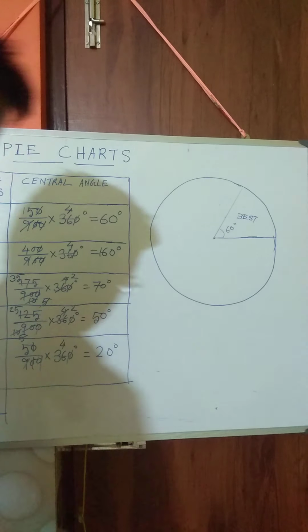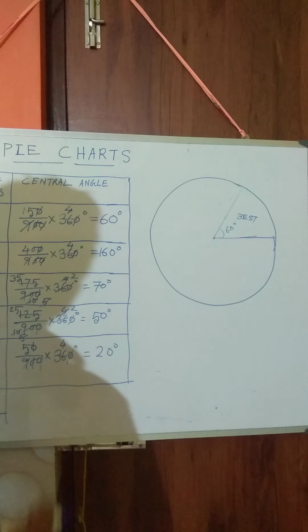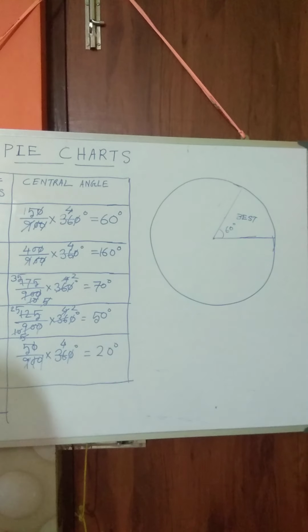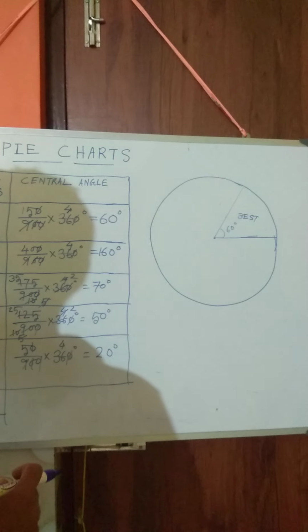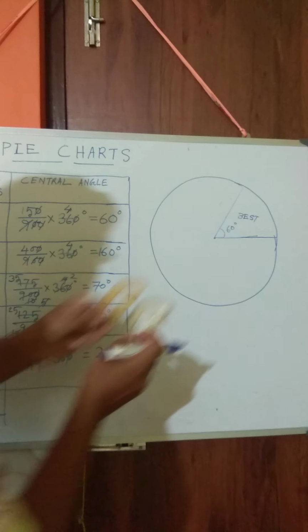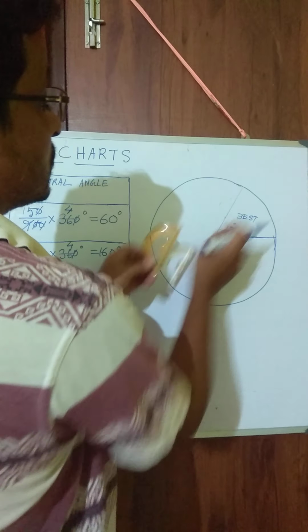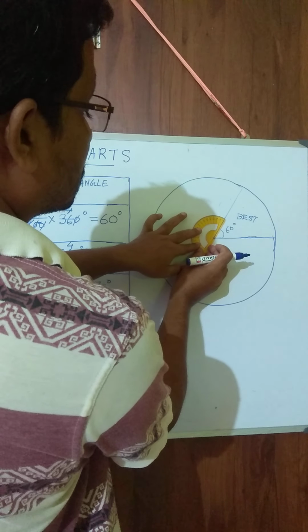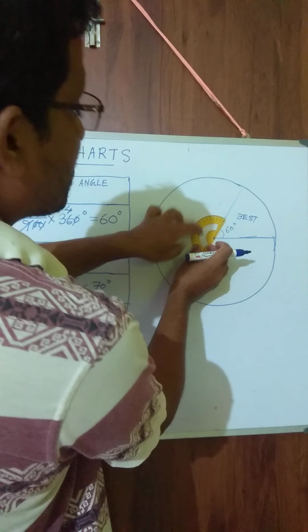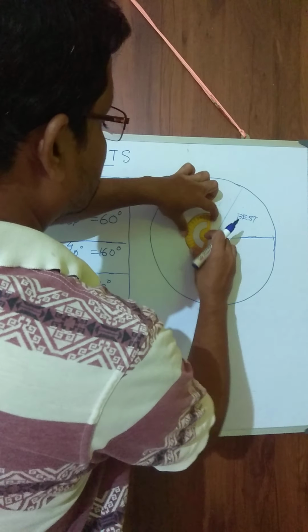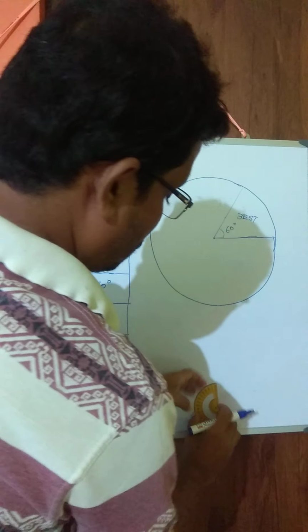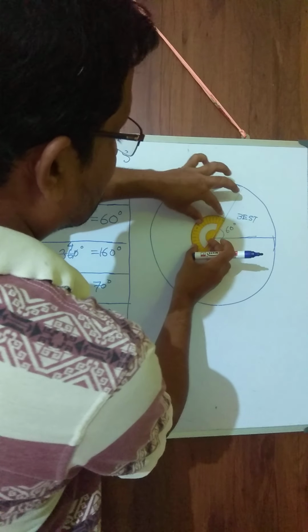Next angle is 160 degree. Put the protractor on the initial line and draw the angle.